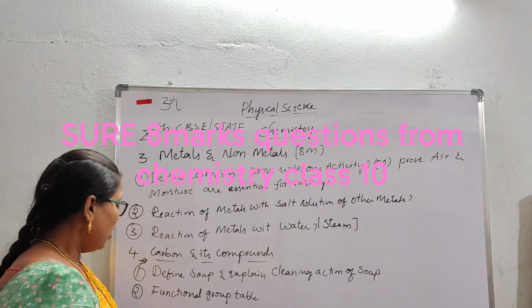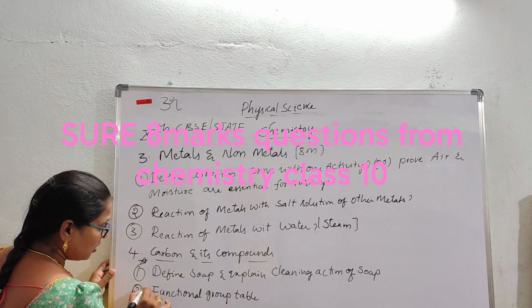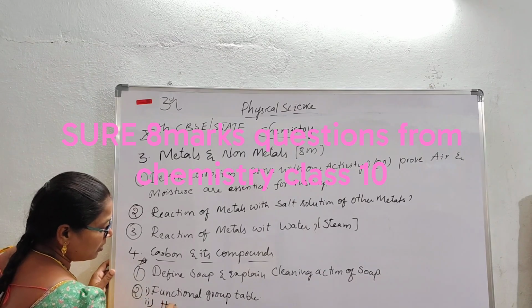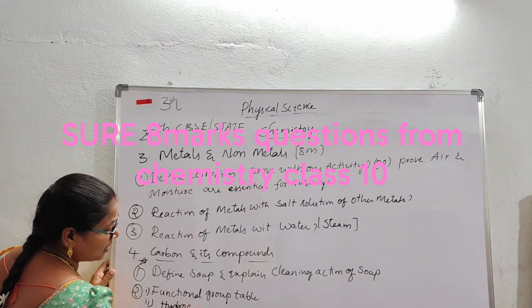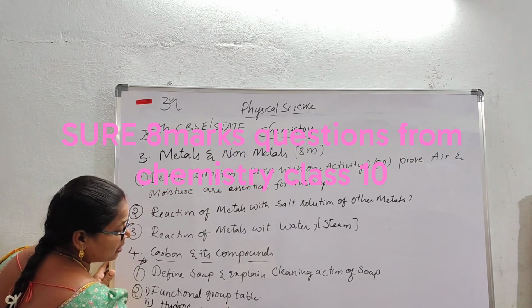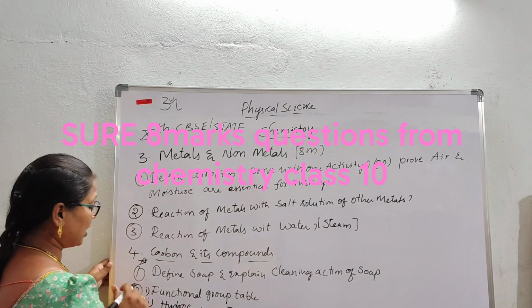Not only the functional group table, they also ask the hydrocarbons table, that is the alkanes table.